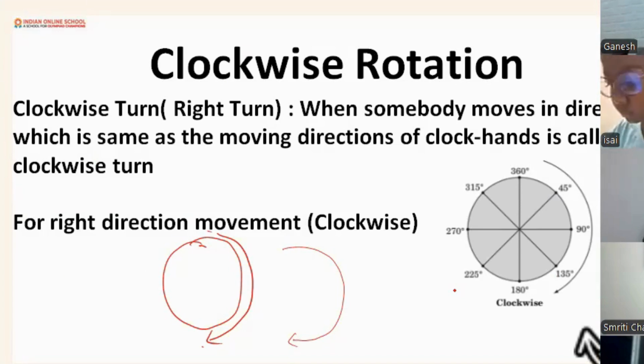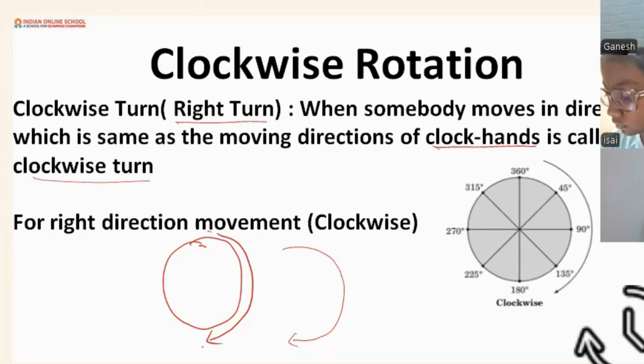Okay, that means it is from left to right. It is what? Clockwise direction. Whenever something is turning to the right, that is clockwise direction. So when somebody moves in a direction which is the same as the moving direction of clock hands, that is known as clockwise direction. Got it? Understood, everybody?